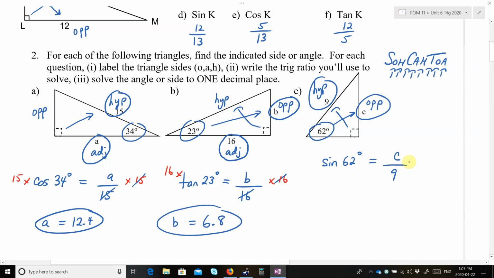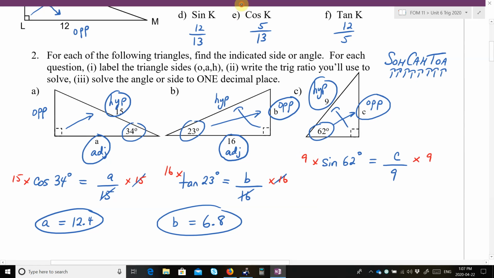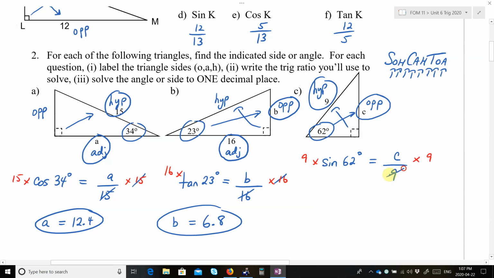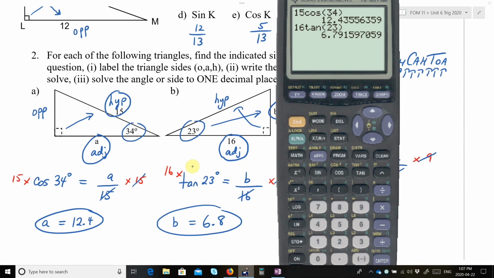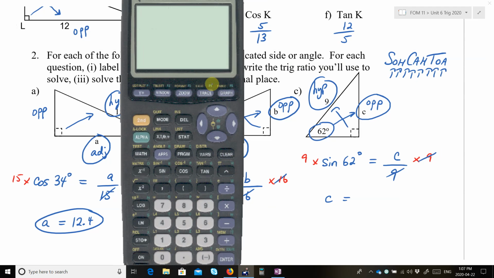And if I want to get C by itself, it's being divided by 9 right now, so you have to multiply both sides by 9. That cancels to 1, so C is by itself now. And we can go that C is equal to 9 times sine 62.